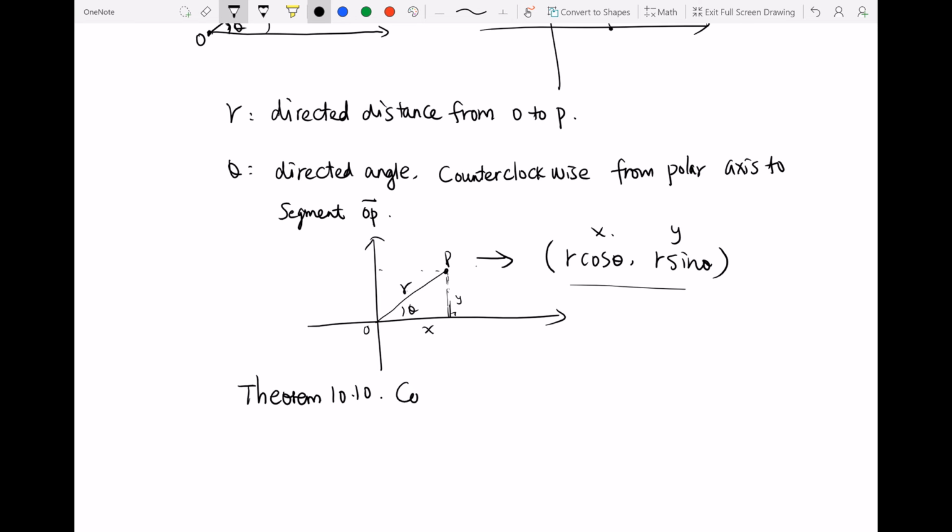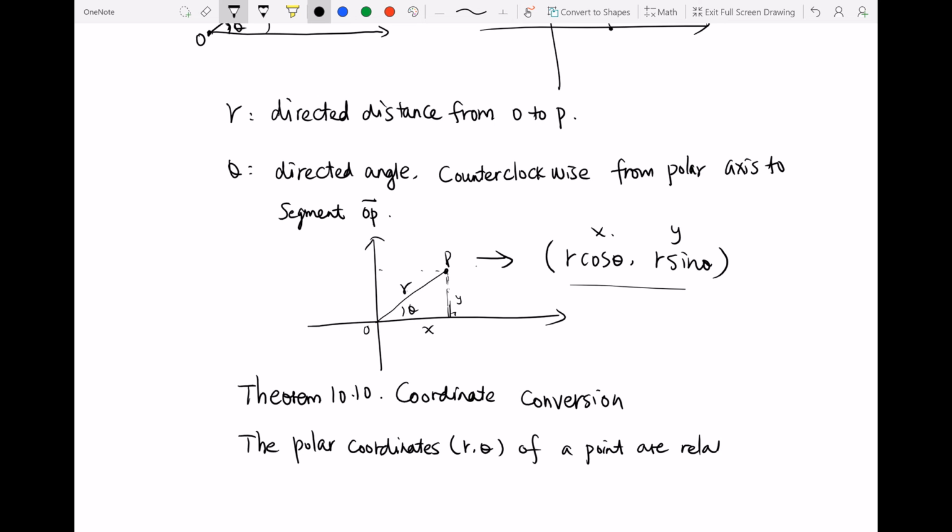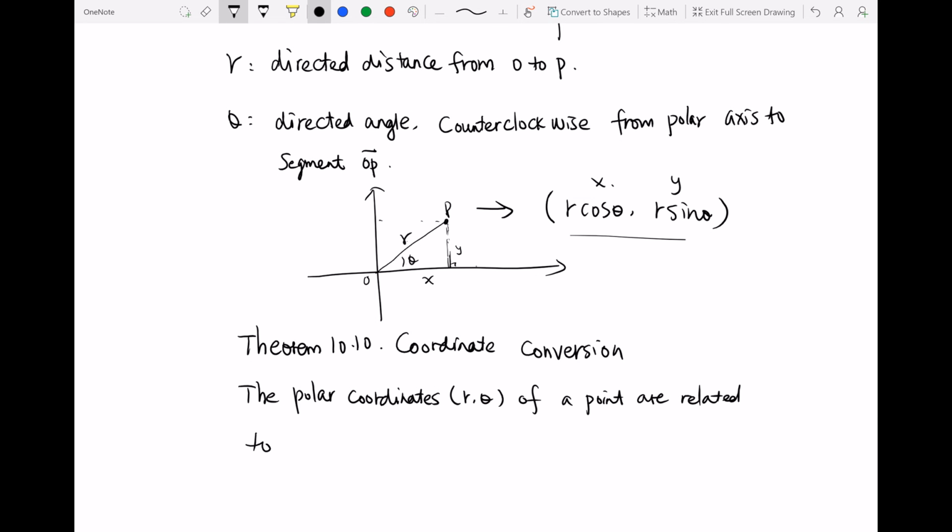Coordinate conversion: the polar coordinates r and theta of a point are related to the rectangular coordinates x, y of the point as follows.